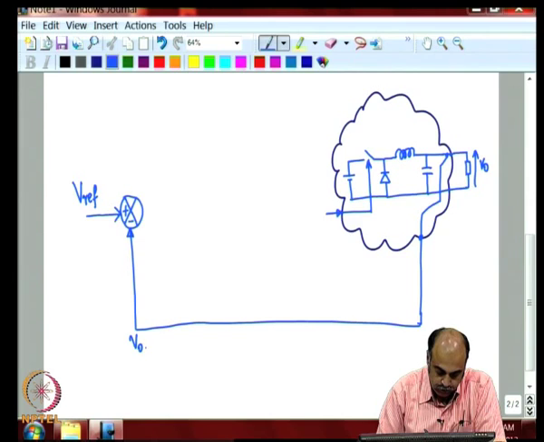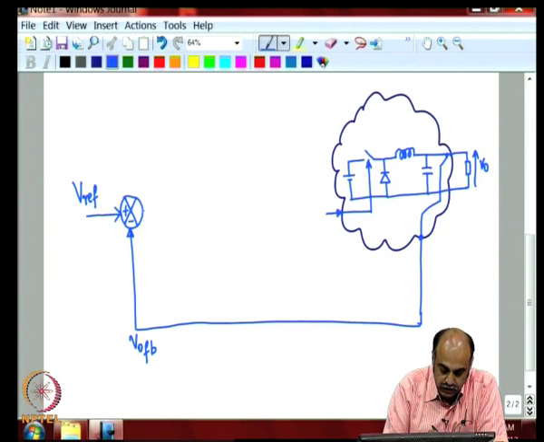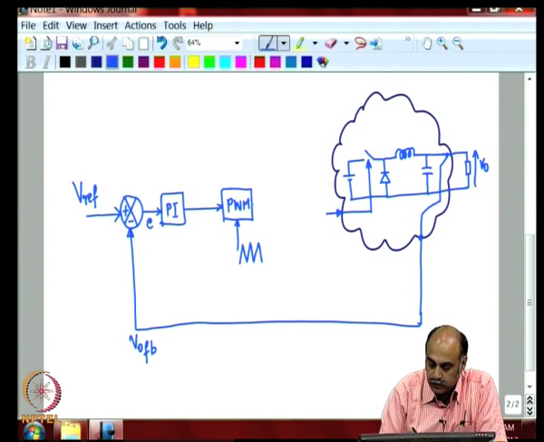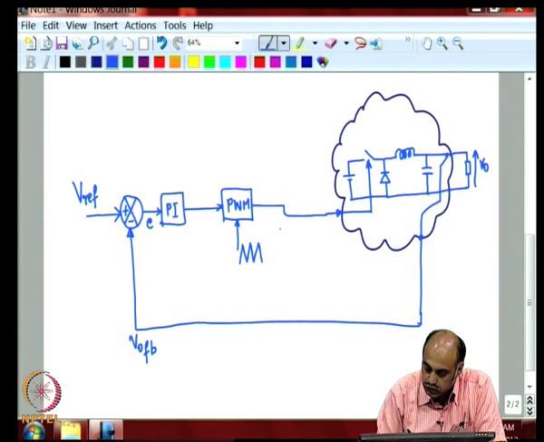So, V naught feedback is compared to the reference. The error passes through a PI controller, and this goes to a PWM modulator, which has also the input carrier frequency, and this gives an output which is pulse width modulated.